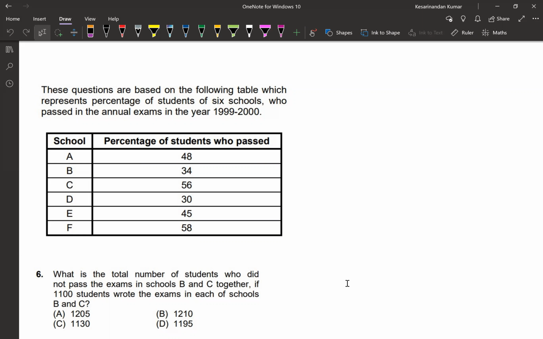What will you do? If this is given as passed and it asks for the number who did not pass, you will take the complement of this, and B and C together it is asked. Now tell me what will be the calculations and how will you get the answer?